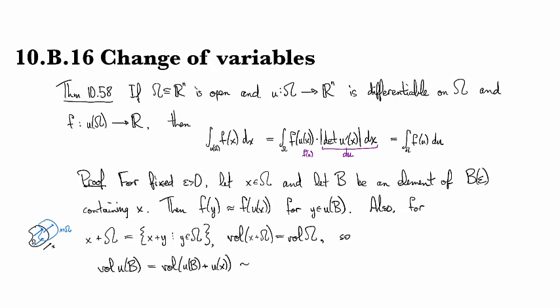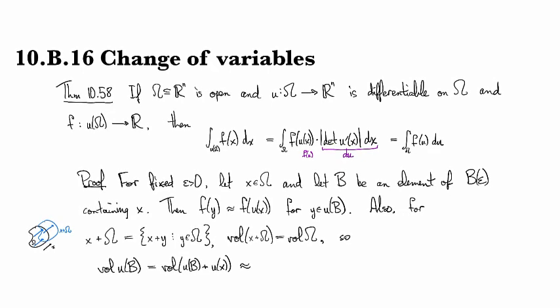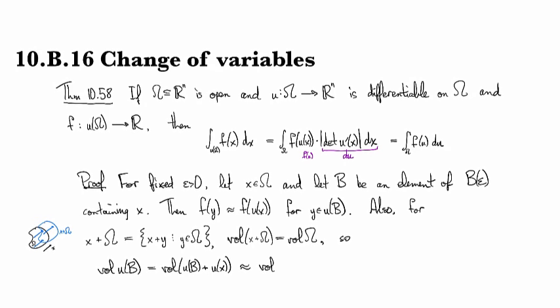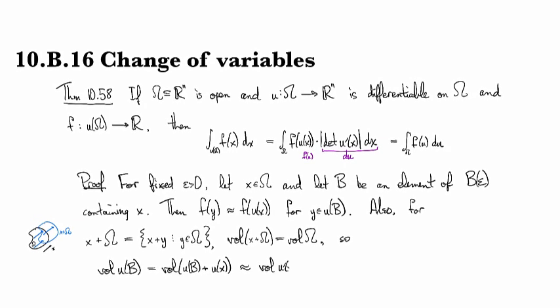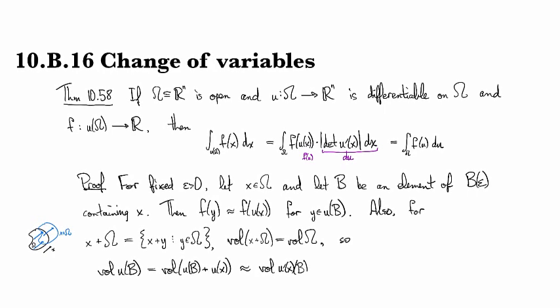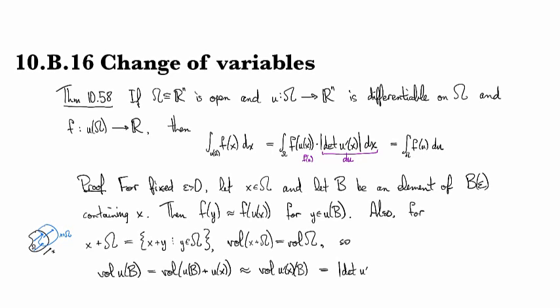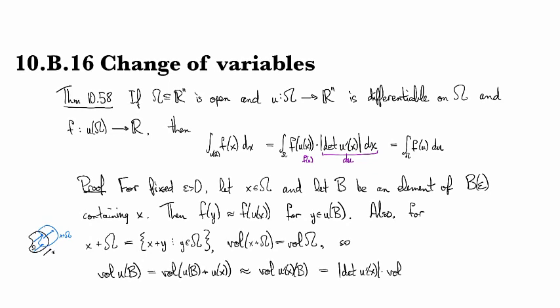And then by our derivative approximation, this is approximately equal to the volume of u prime x applied to b. And then that one is, by our previous results, the magnitude of the Jacobian determinant times the volume of b.